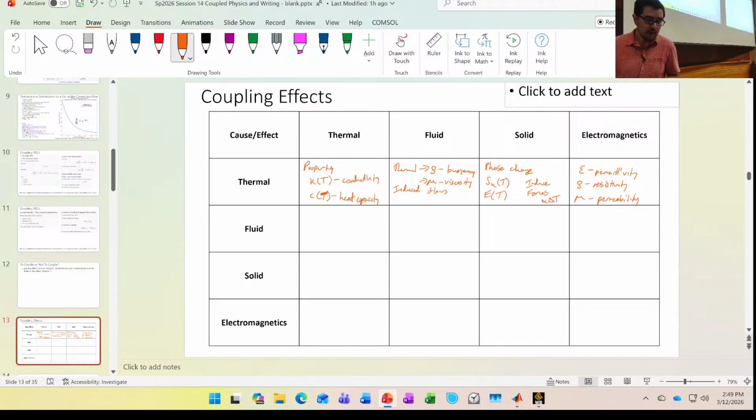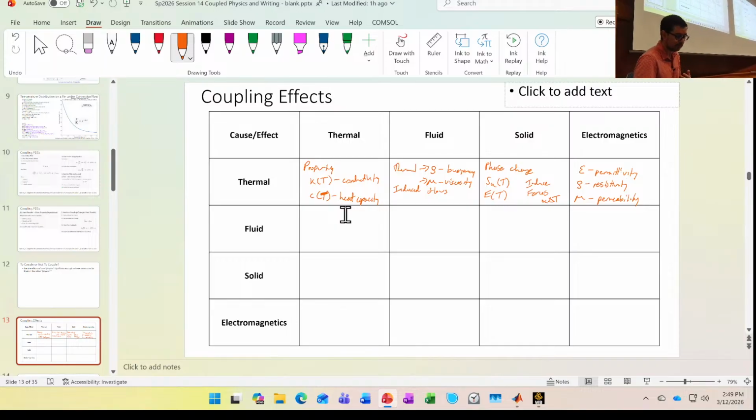How can a fluid system affect a thermal system? We just did this ad nauseum. I'm glad you're not nauseated. It'd be nice if you were awake.